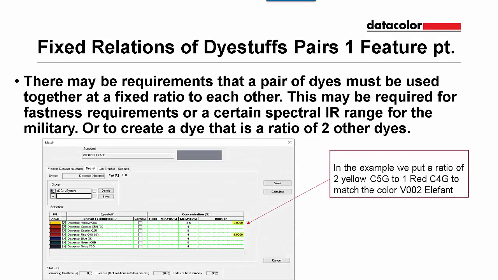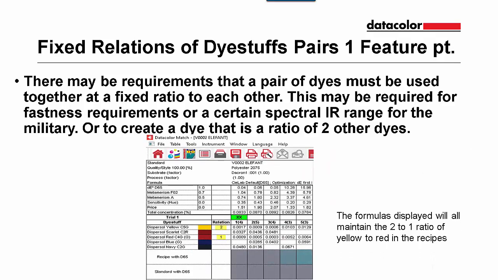In this example, we put a ratio of 2 yellow C5G to 1 red C4G to match the color V002 elephant. Our list of formulas displayed will maintain the 2-to-1 ratio of yellow to red in all the recipes.